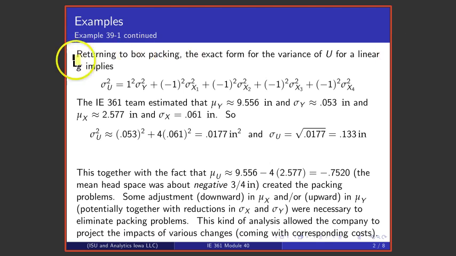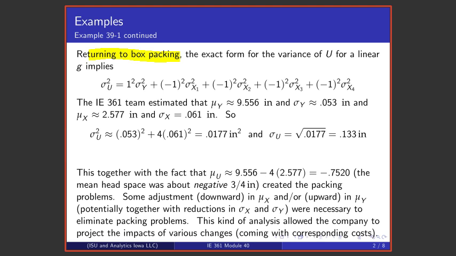Returning to the box packing example, it was the first example in module 39. Remember, this is the scenario in which one needs to put 4 units of product into a carton, and the headspace in the carton is the difference between the inside length of the carton and the sum of the sizes of the 4 units put into the carton. That is, it is y minus x1 minus x2 minus x3 minus x4.